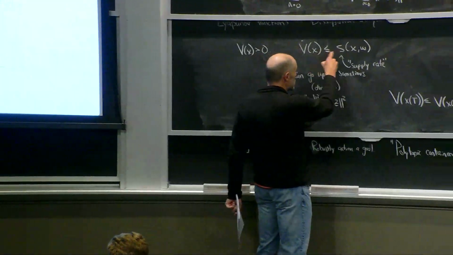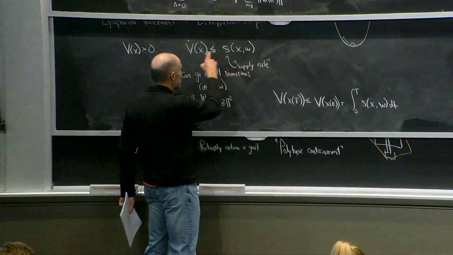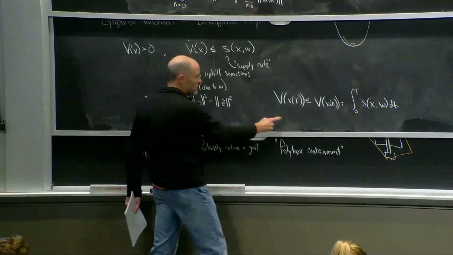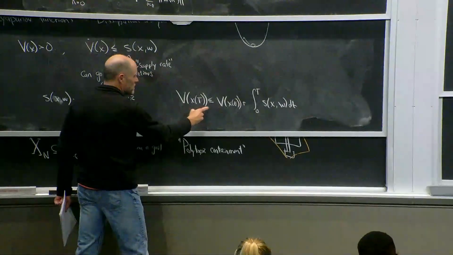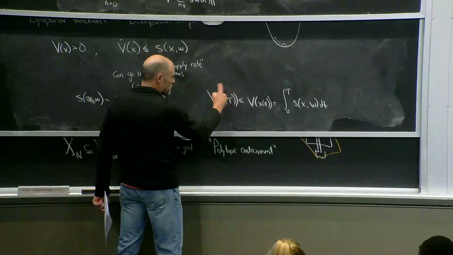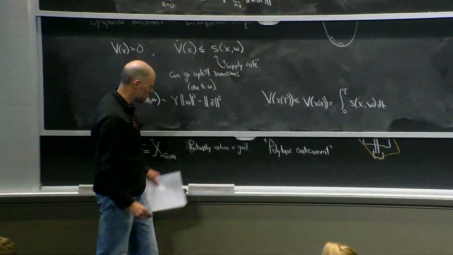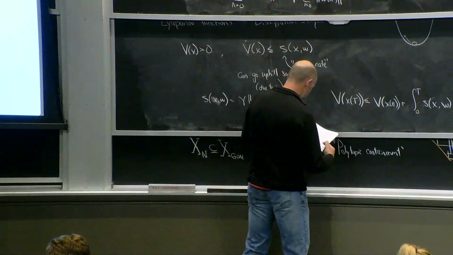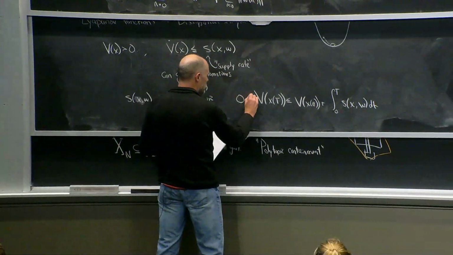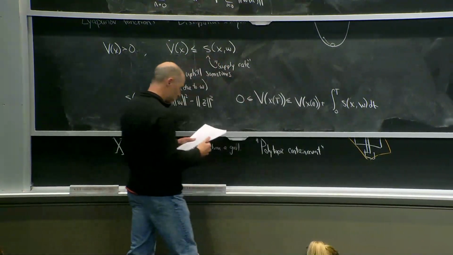If I know everywhere v dot is less than this, then the integral of this is going to be less than the total integral of that. Okay. We also happen to know that this thing is positive by construction.